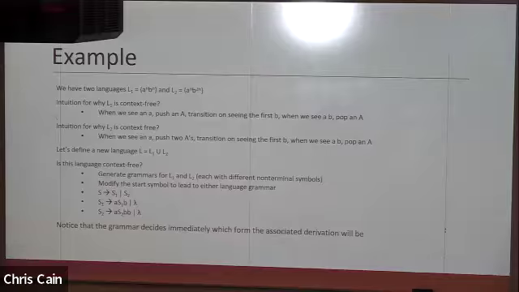So the grammar has to immediately decide which form the derivation will be, left-hand side or right-hand side. That is the non-determinism baked into the language itself. There is no deterministic solution to this. So this logic is possible with an NPDA. We just branch immediately, non-deterministically on the start state. With a DPDA, you can't have that non-determinism.